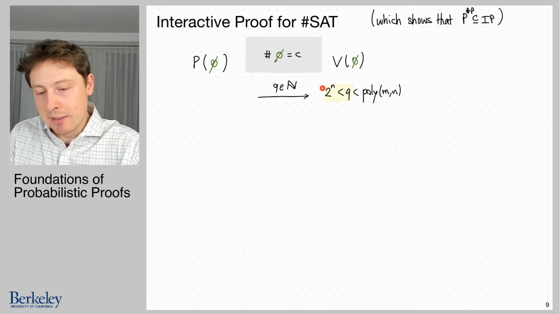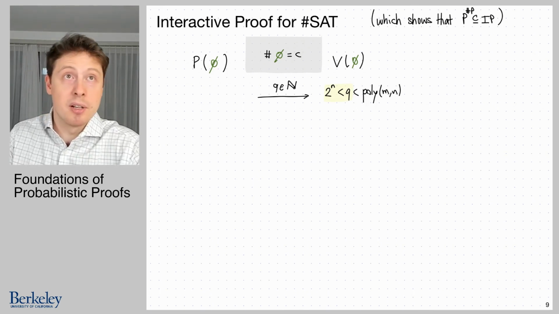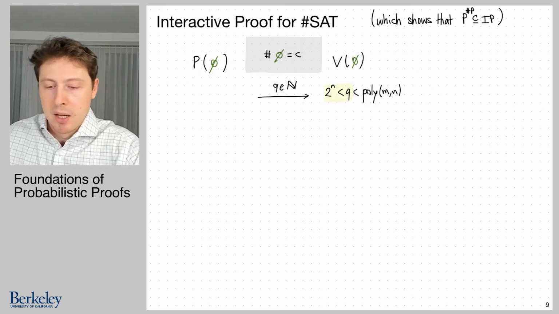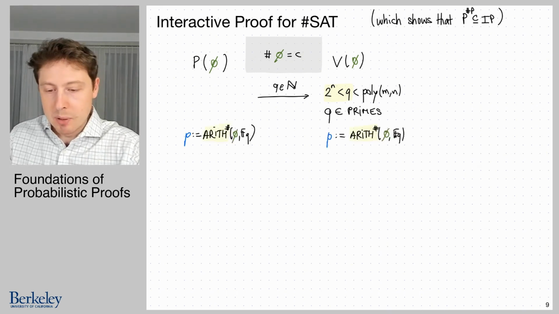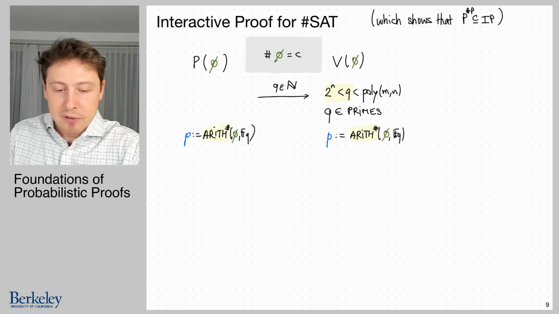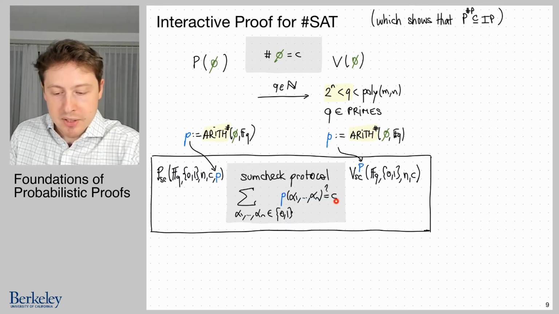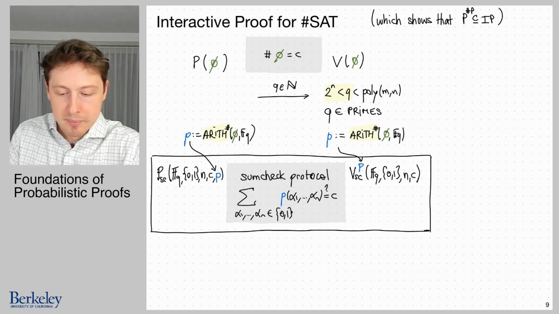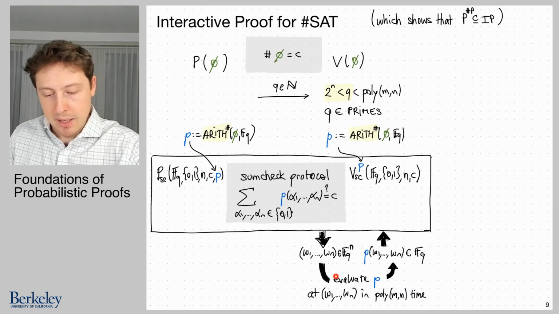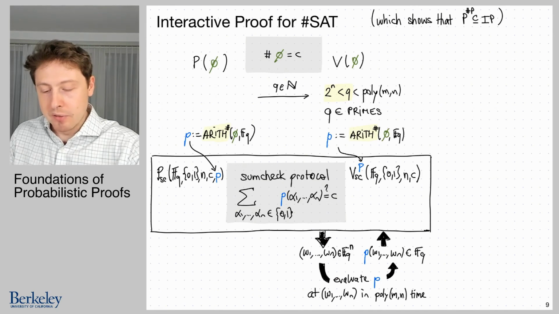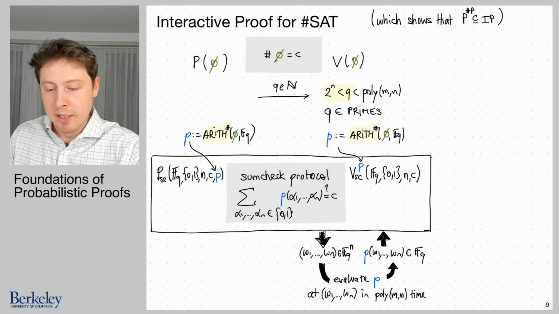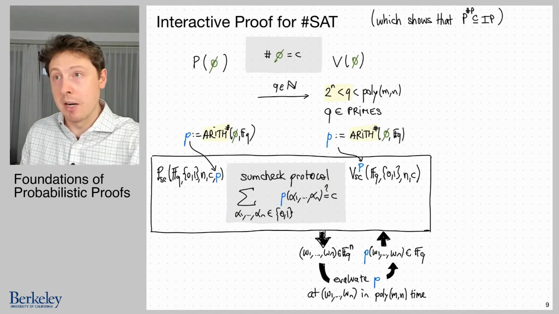Now we check that it is larger than 2 to the n rather than 2 to the n times 3 to the m. We still have to check that it's prime. Now we do this slightly different arithmetization, but it's still some arithmetization. And we run the protocol where now instead of having 0 here, we put c here, right? And like before, the outer verifier will have to answer the query to the inner verifier by evaluating the arithmetic circuit that I have derived.